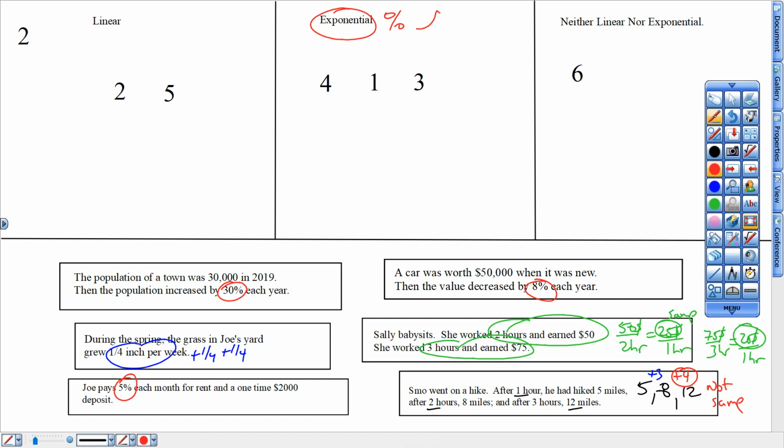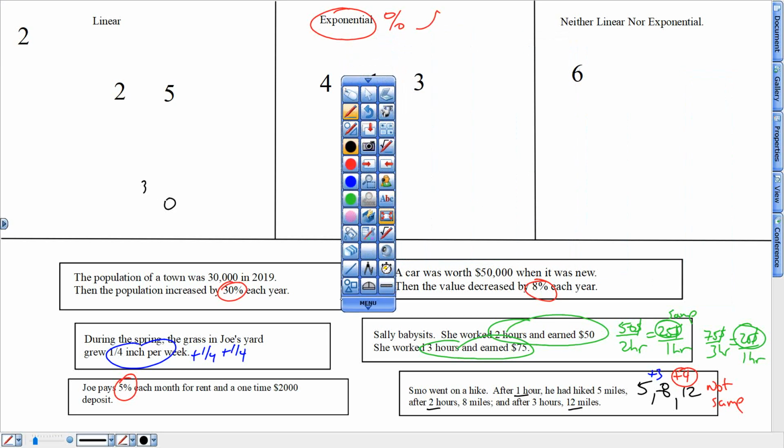And then one last little gasp at writing equations. Here I go. 30%. That is adding by 0.3. So this is 30,000. Let's do that in green to keep my y-intercept solid. First term I'm going to be timesing by 1.3.